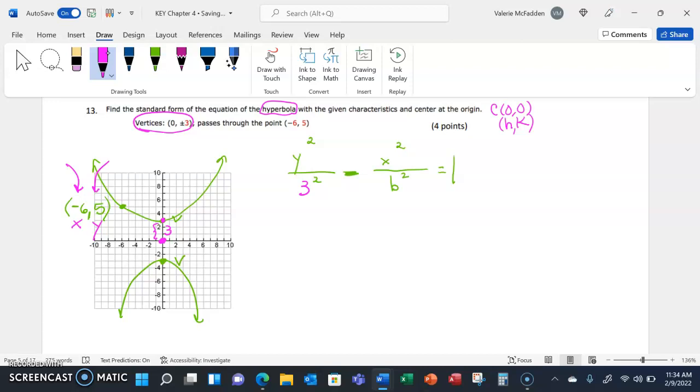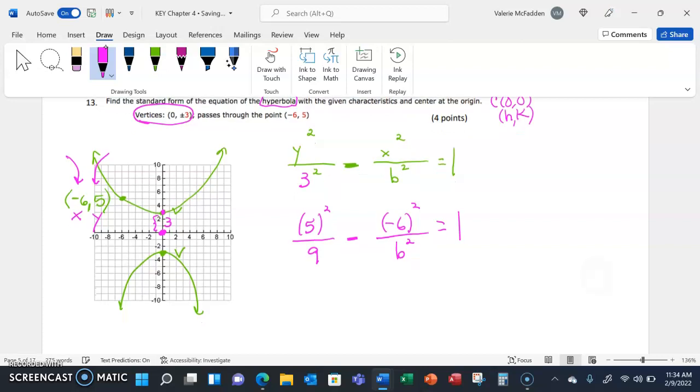So let's plug in -6 for x and 5 for y. So we'll have 5 squared over 9 minus -6 squared over b squared is equal to 1.